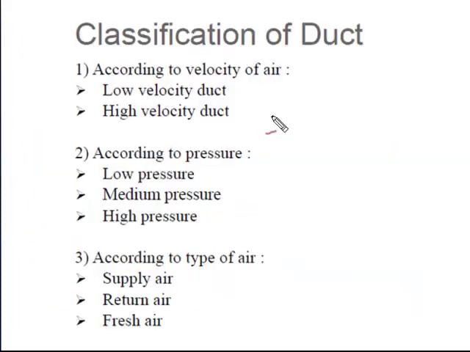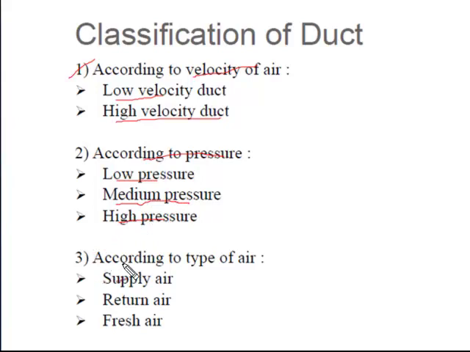After the function of duct, we have come to the classification of duct. According to velocity of air, it is classified into two types: one is low velocity duct and the second is high velocity duct. According to pressure in the duct, it is classified into three types: low pressure duct, medium pressure duct, and high pressure duct.